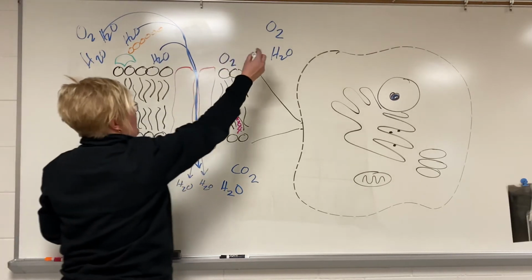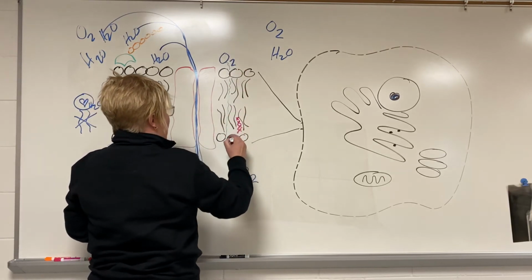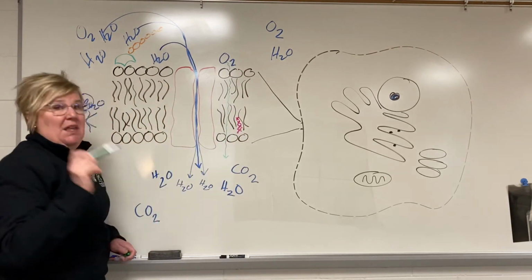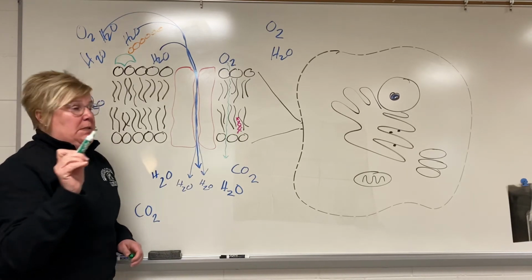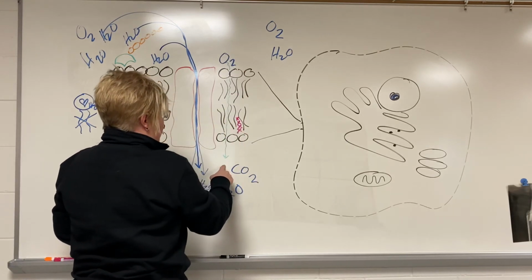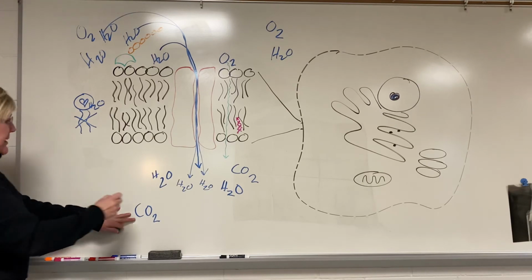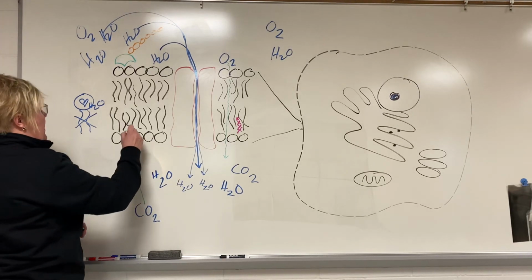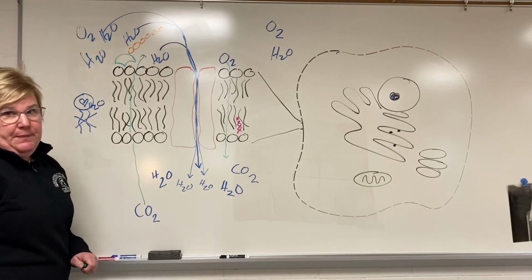And so oxygen actually just sneaks right through this lipid bilayer. This is diffusion, right? So oxygen is going from high to low. Same thing will happen with this carbon dioxide waste. It's going to just sneak right through from high to low and get out of the cell.